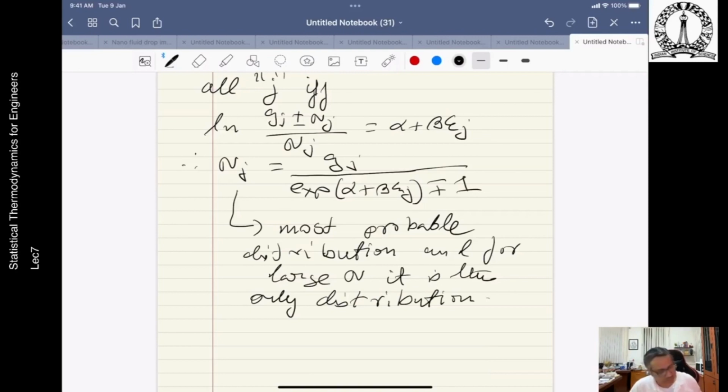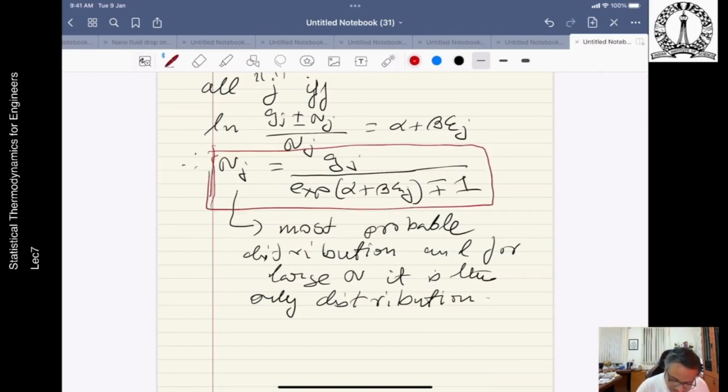Okay, all right. So as you can see now, depending on which one you are looking at, this is the Bose-Einstein and the Fermi-Dirac most probable distribution. This is how nj particles are distributed in gj energy states.